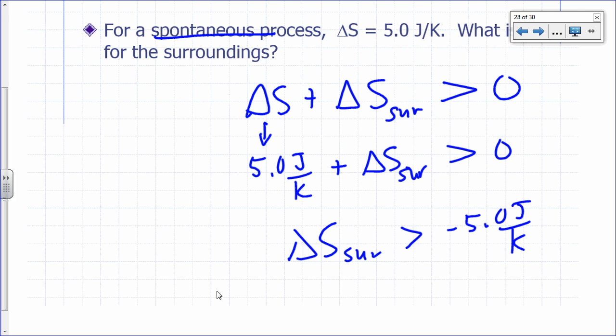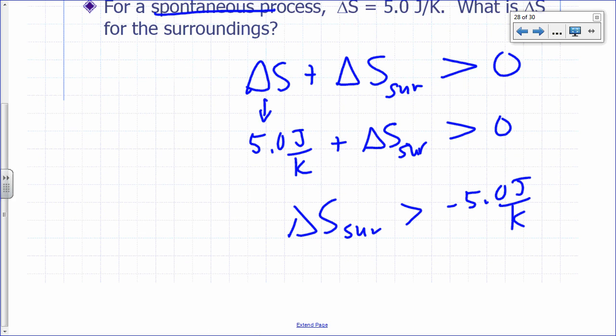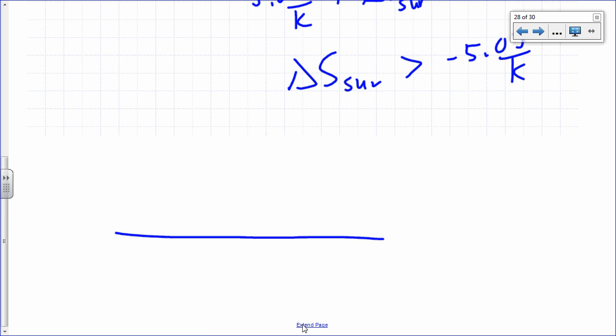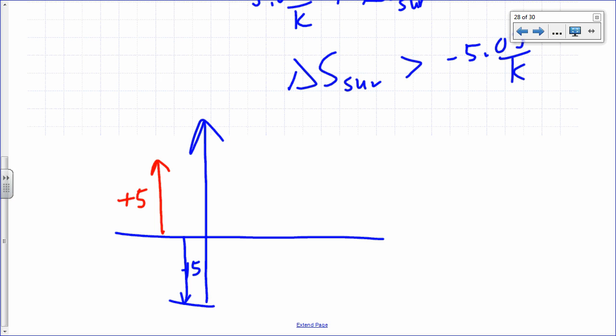All right. So what does that mean? If your system entropy increases by 5, the delta S for your surroundings cannot drop by more than 5, right?